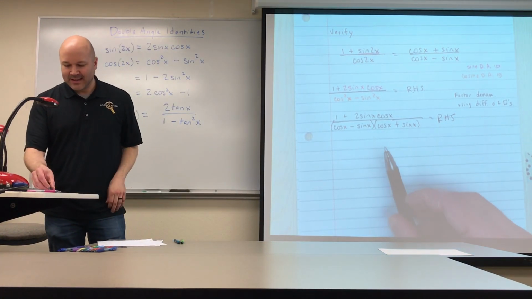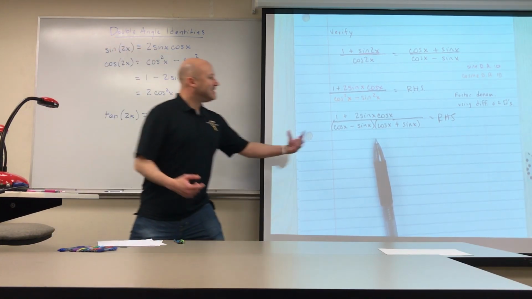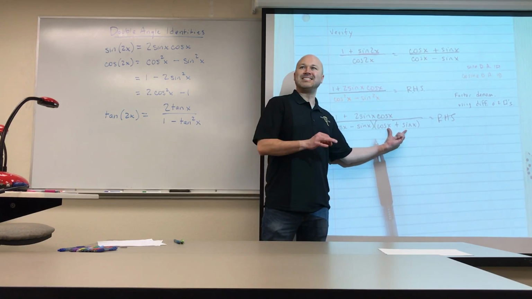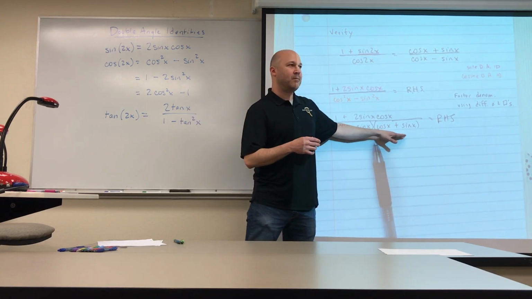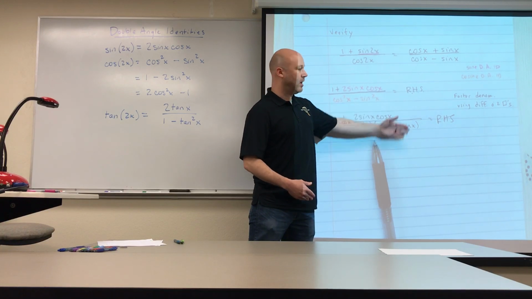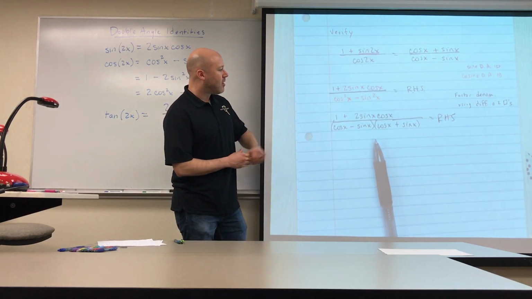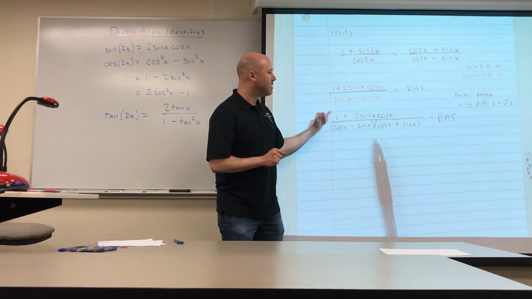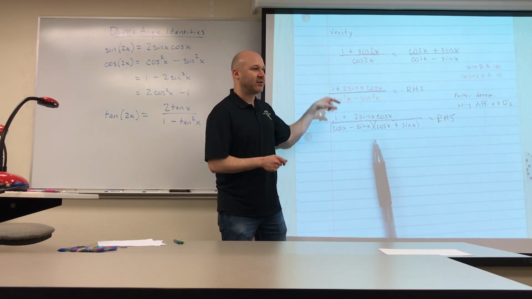Now, when I look to the right-hand side, I see that I have the cosine minus sine, but I'm wanting this cosine plus sine to go away. Well, I could make it go away if I had a common factor up top that I could reduce to 1. This may take some trouble seeing the first few times, but I'm going to show you one way to manipulate the numerator so that I can factor it.